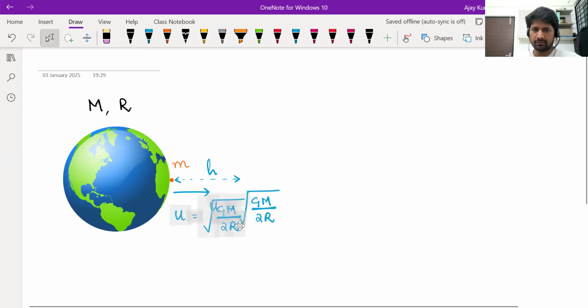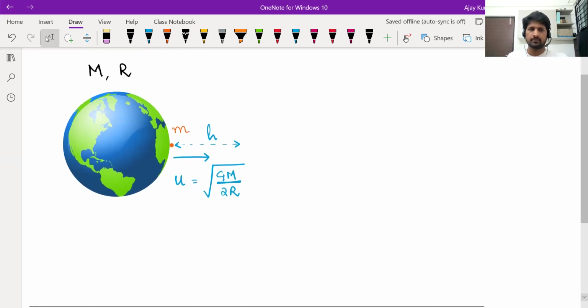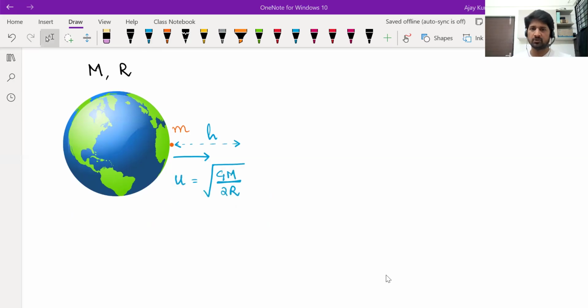Solve this, all of you. It is projected away from the planet with a speed under root GM by 2R. To what maximum height will it reach above the surface of the planet? Can one of you tell me the idea, the concept that you will apply? You are given speed at one position and you are asked what maximum distance it will go.